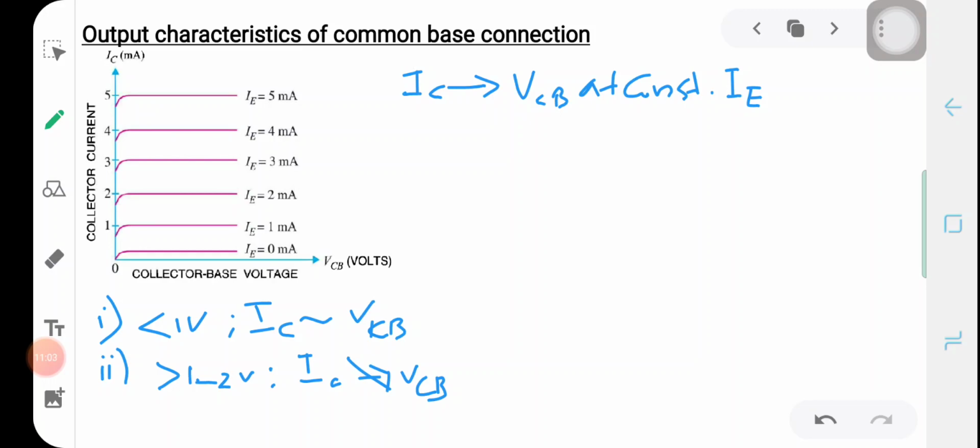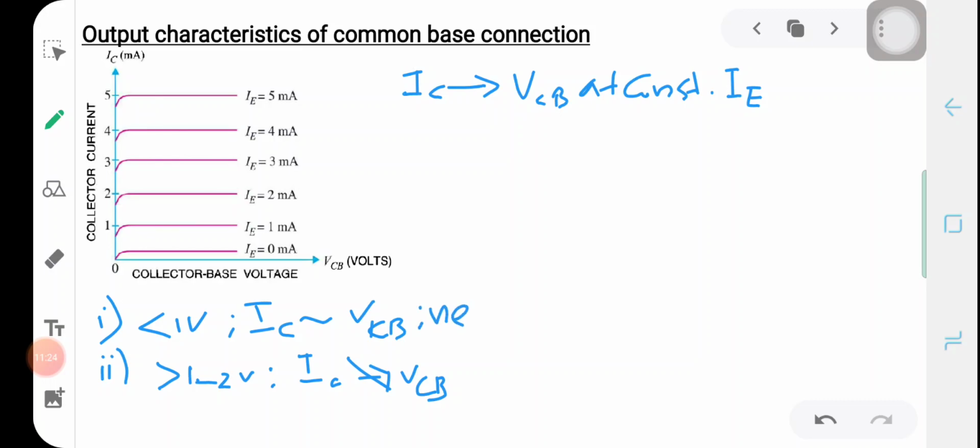So that means in the first condition, the collector current has a small variation with the collector base voltage, and usually the transistor is never operated in this region.